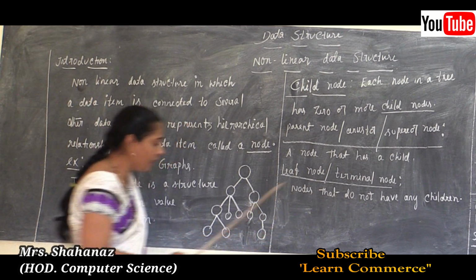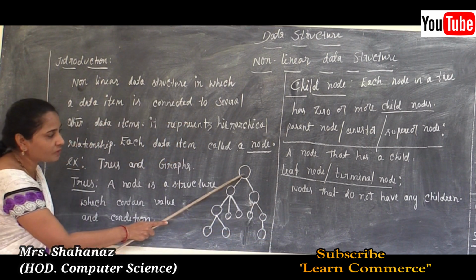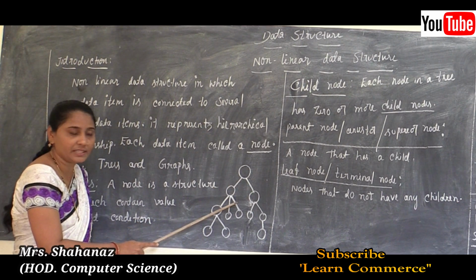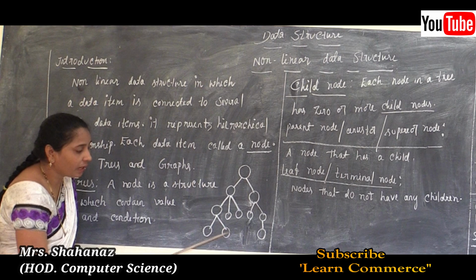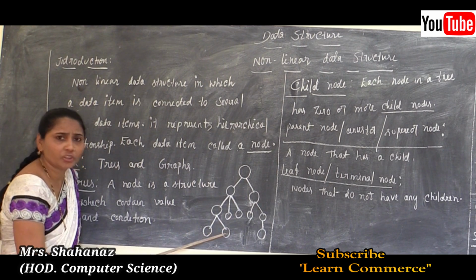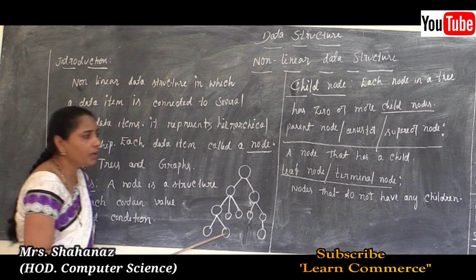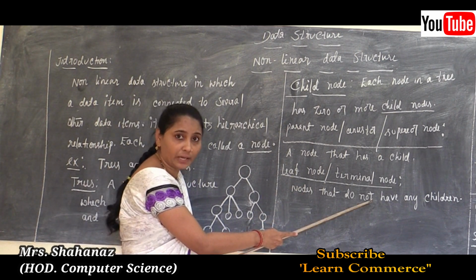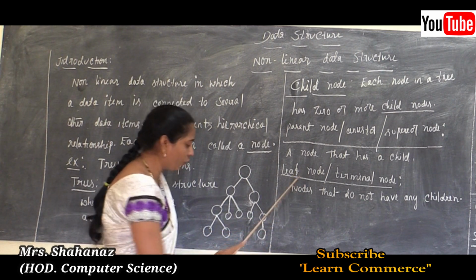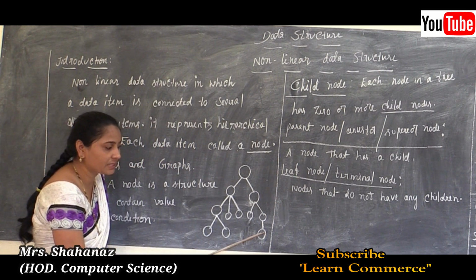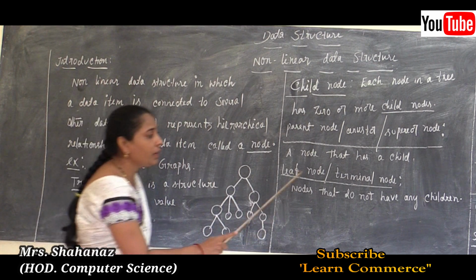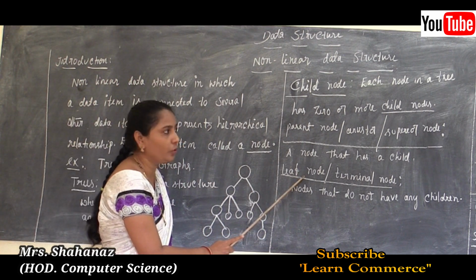Clear this point? Every node has some child or children, but the last node has no child or children. So the node that does not have any children is called the leaf node. This is the example, and all these are examples of leaf nodes or terminal nodes.